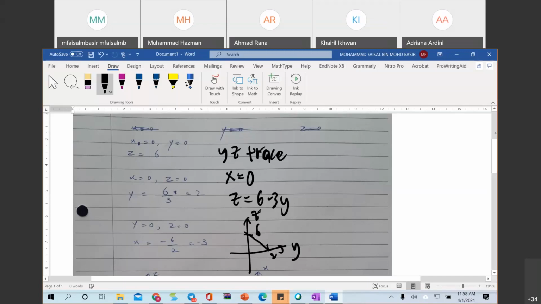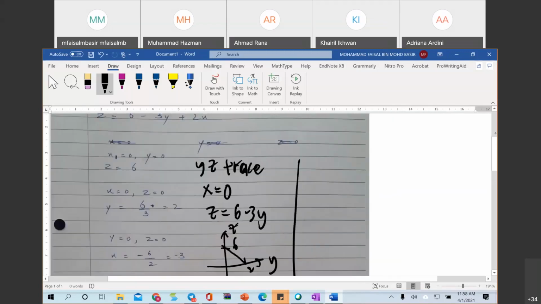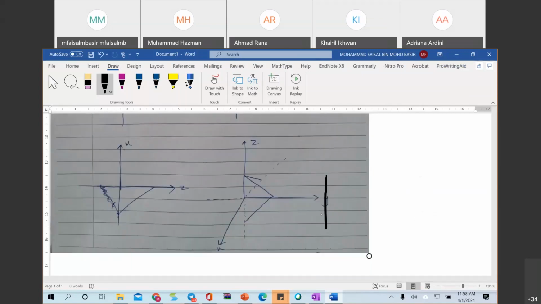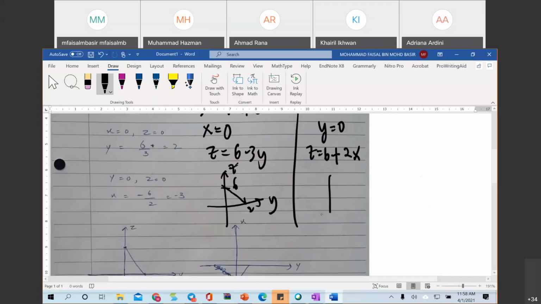Although yours is correct, make sure you draw one by one, so I can see it in an orderly form. The xz trace means y is 0, so you have z equals 6 minus 2x. So here you have to draw zx: when x is 0, z is 6, and when z is 0, x equals -3. So it is here.